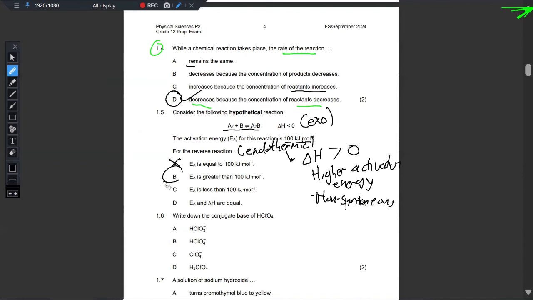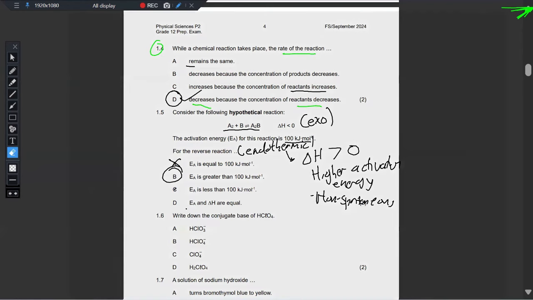So B here would have to be correct. C and D are definitely incorrect. So your option here would have to be B, considering that your enthalpy is greater than 0, and this is a non-spontaneous reaction which needs a higher activation energy. Right, so that's your 1.5.